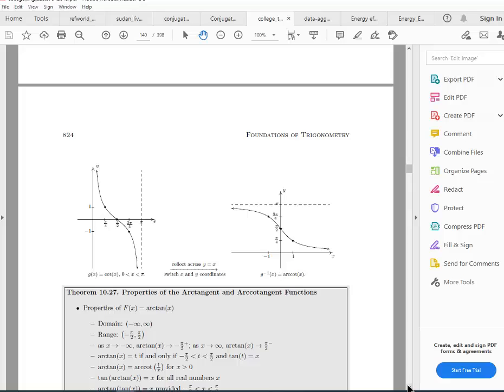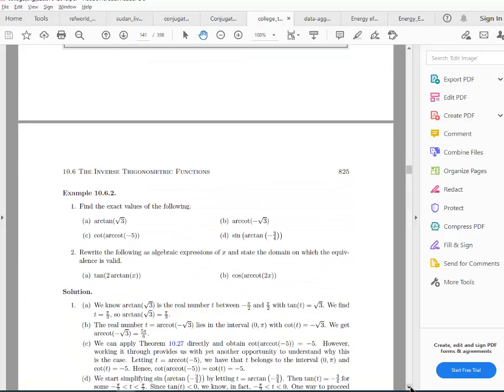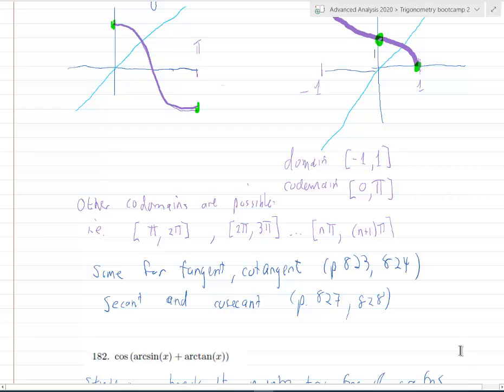All right. Now, when you get to cosecant and secant, it's a little more complicated. Let me go there. But the idea is the same. In fact, you can choose the same domain. Well, it's easy to choose the codomain. The domain of secant is going to be basically the complement of the domain of cosine, right?